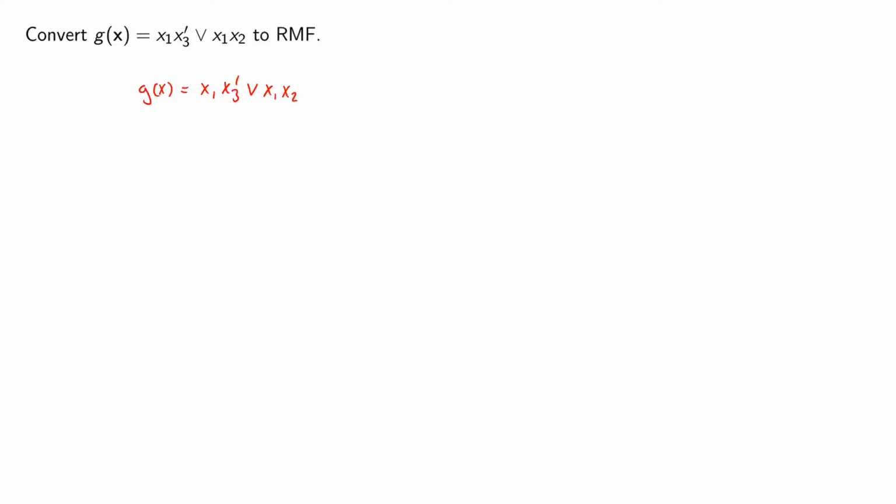And now we can use the definition of our Boolean algebra in order to write this as x1 (1 plus x3), and I will just use ordinary plus here for simplicity, plus x1 x2, plus, and then we have the multiplication of the two terms, which is x1 (1 plus x3) x1 x2.